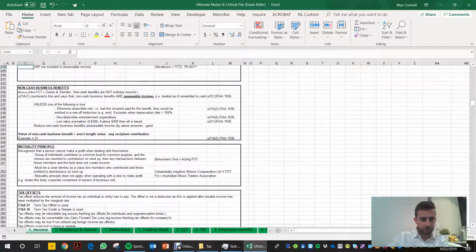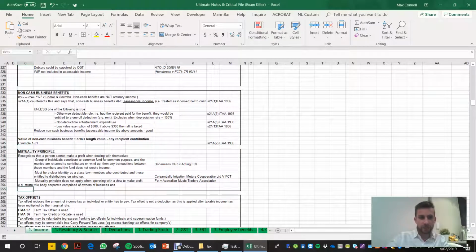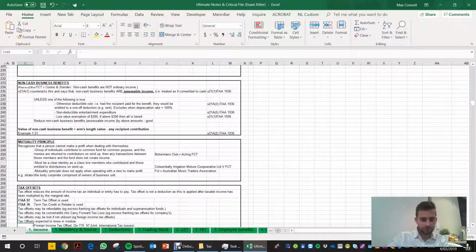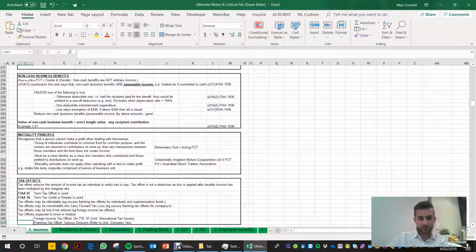Okay, so the next section is the mutuality principle. This is the concept that a person cannot make a profit when dealing with themselves. What this means is there are certain institutions and legal entities, not a separate legal entity, but a group of individuals represented together.